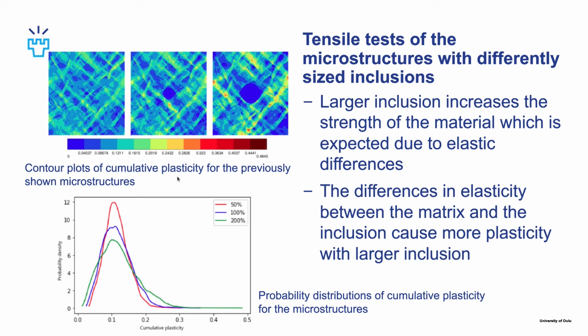And this is also seen in these distributions of plasticity, and we can see that as the inclusion gets bigger, the distribution gets wider, which is caused by the elastic differences.